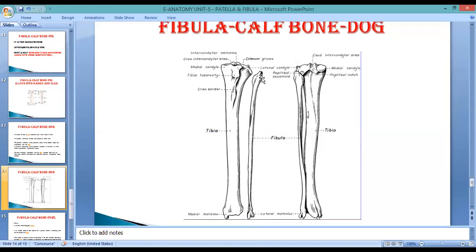For description, because it is a long bone, it contains two extremities. This is the proximal extremity, this is the distal extremity, and in between is the shaft. Both the proximal and distal extremities come in contact with the tibia laterally and form a gap.